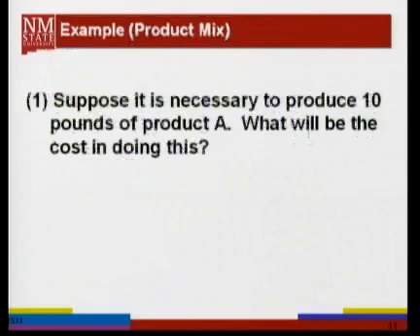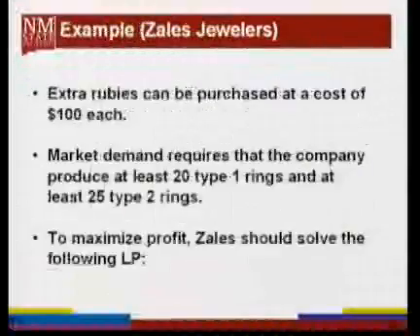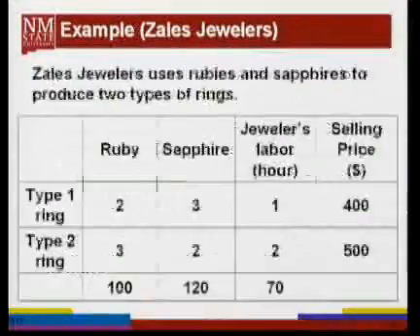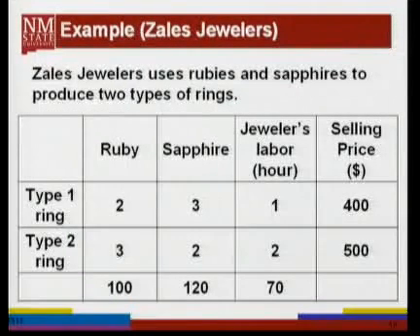Okay, then today we are going to consider another example for sensitivity analysis, which is called Jayer's Jewelers problem. In this example, we assume that Jayer's Jewelers uses rubies and sapphires to produce 2 types of rings.